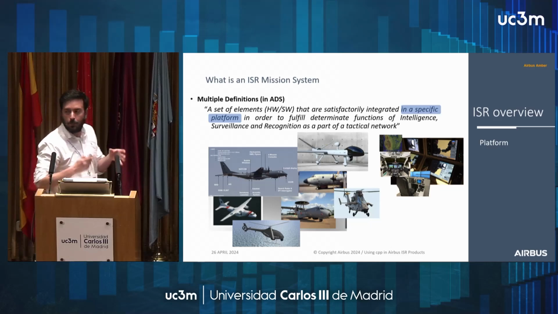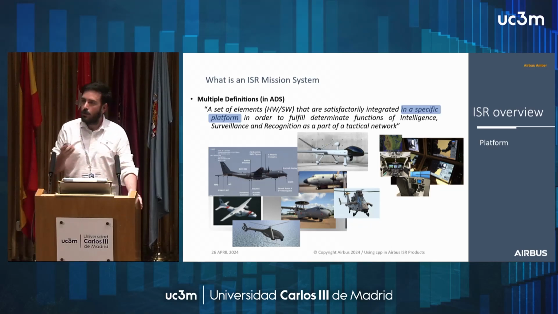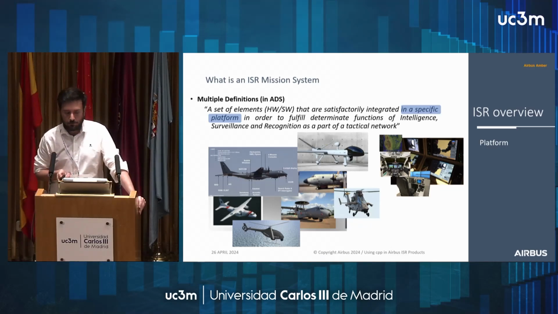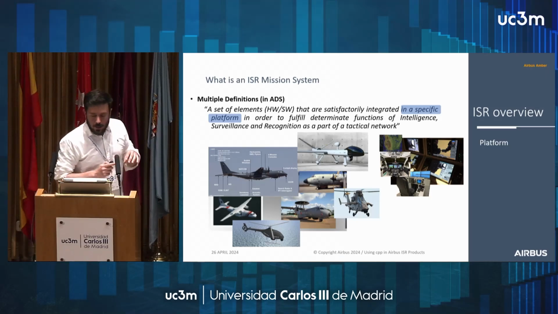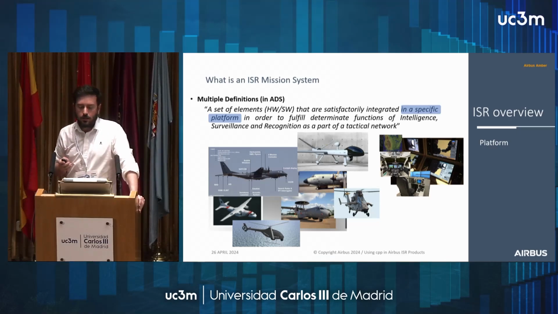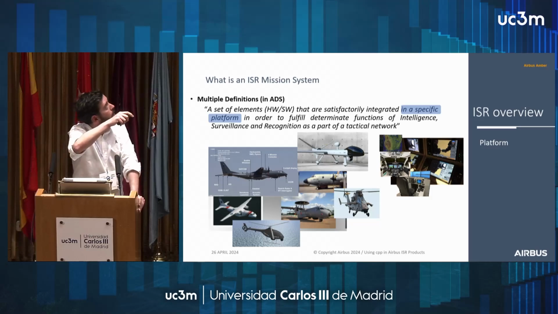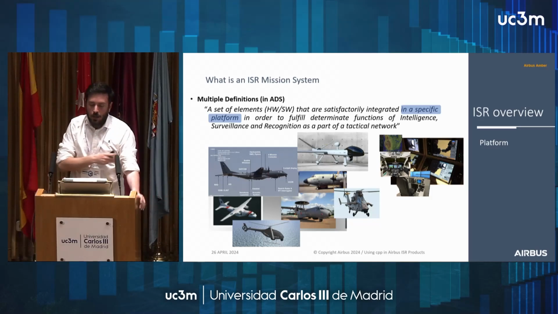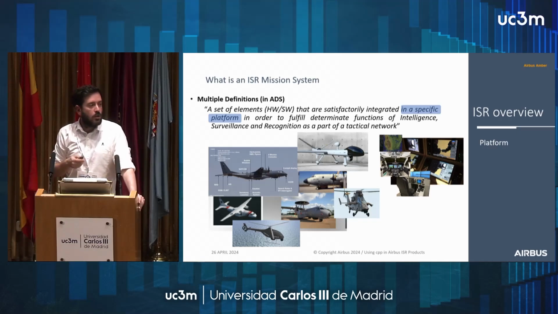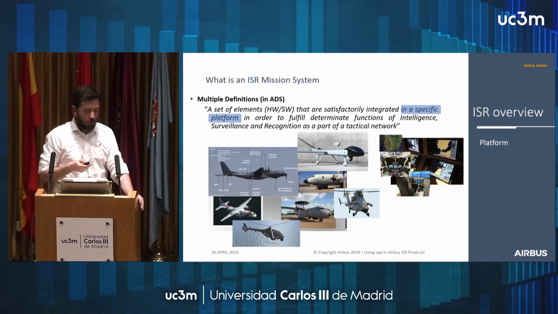We have a pilot or a gunner that commands the system. The type of platform also determines the number and kind of sensors. You can see here 1, 2, and you can see here a lot of them. And this also impacts the hardware and software architecture, of course.